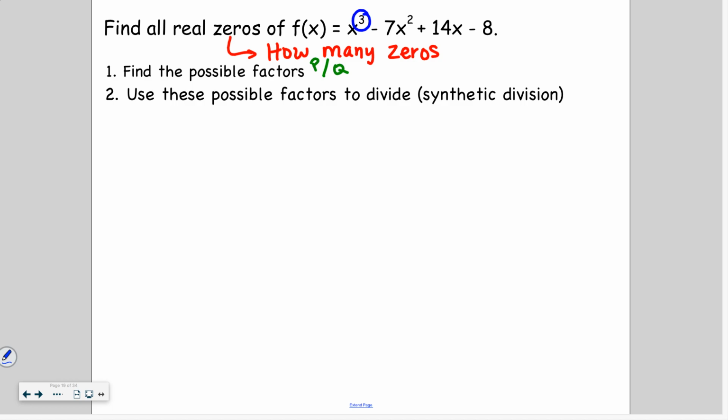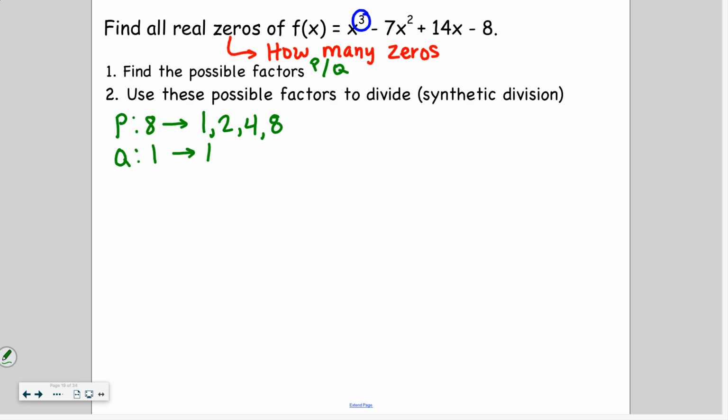So first thing we're going to do is p over q. My p is 8, and my q is 1. We actually just did this one, but I'm going to go ahead and rewrite it. So my factors of 8 are 1, 2, 4, and 8. And then my factors of 1, of course, is 1.